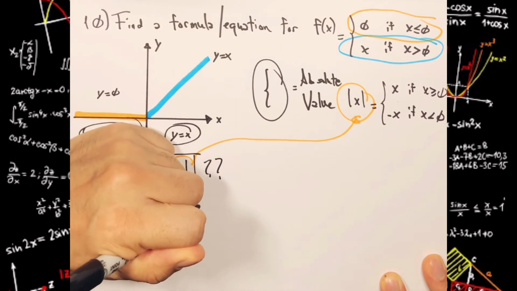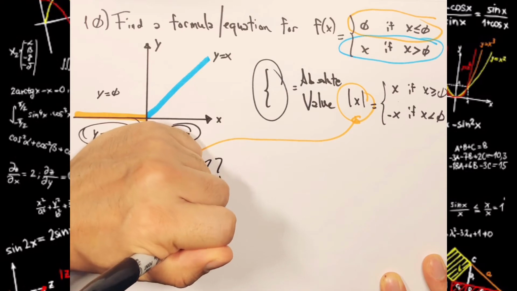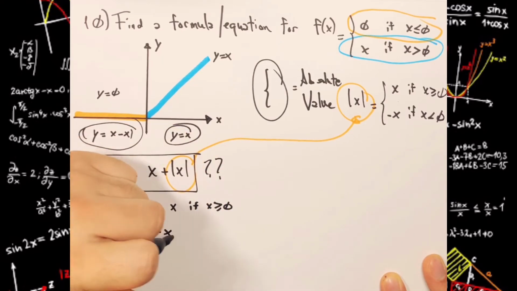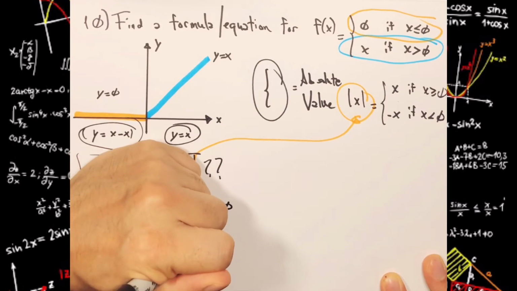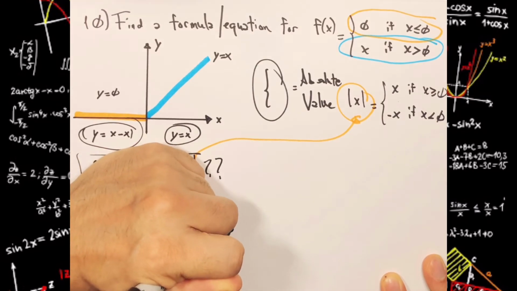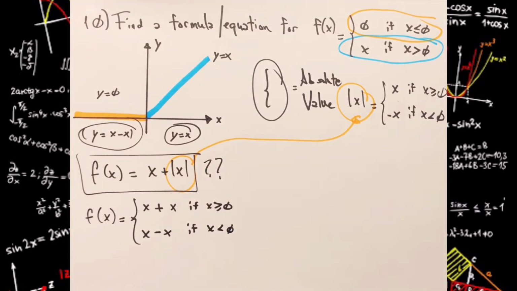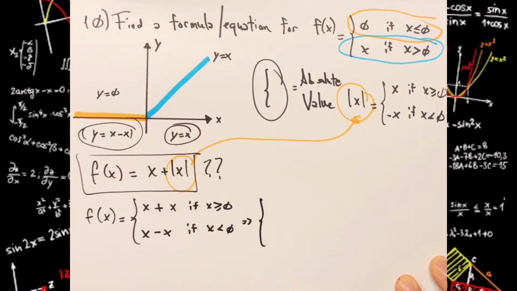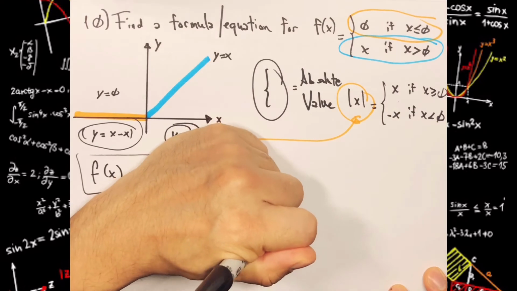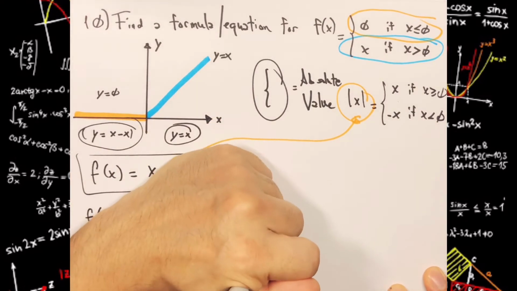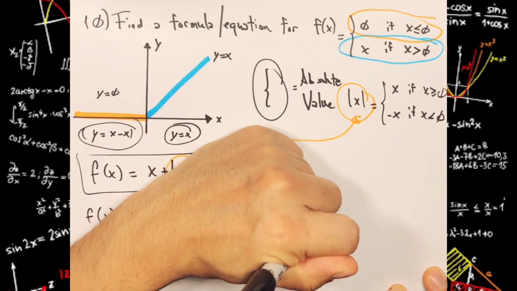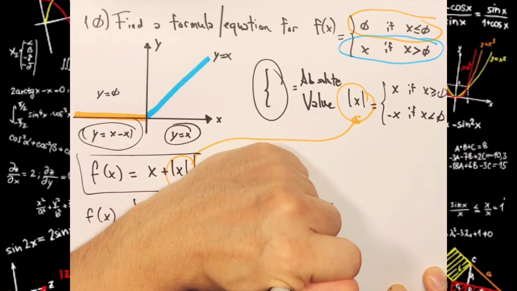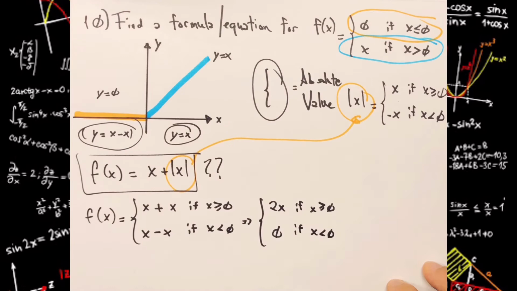If we rewrite the function, then we're going to have x plus x if x is positive, and minus x plus x if x is negative. And if we rearrange this, where we rewrite it again in a more simplified manner, we're going to have 2x if x is positive and x minus x, 0 if x is negative.